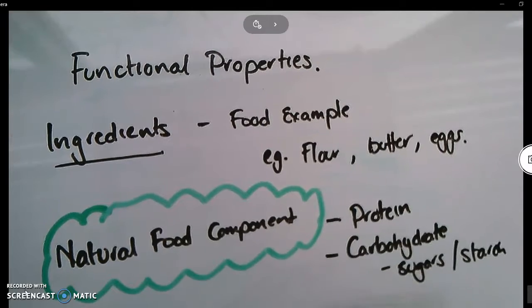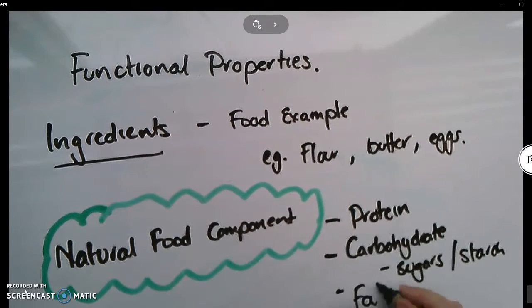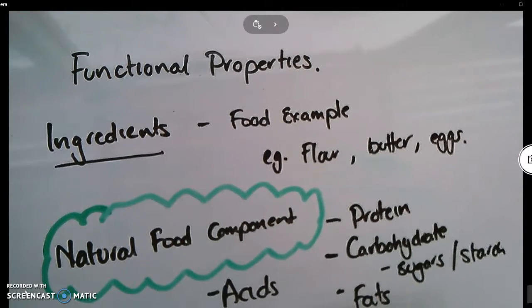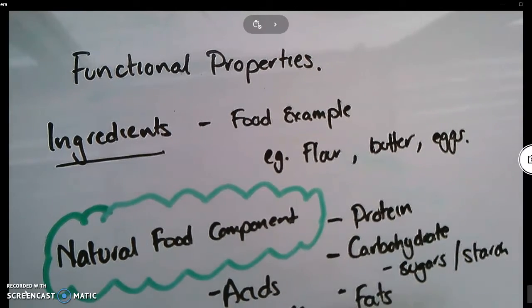It also includes fats. It also includes acids and enzymes.